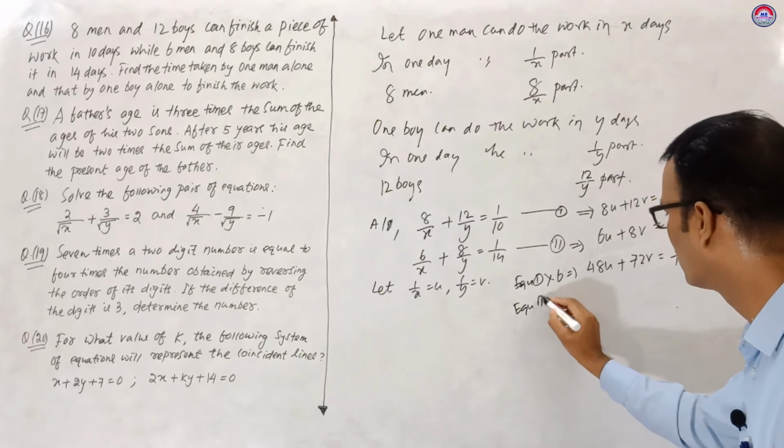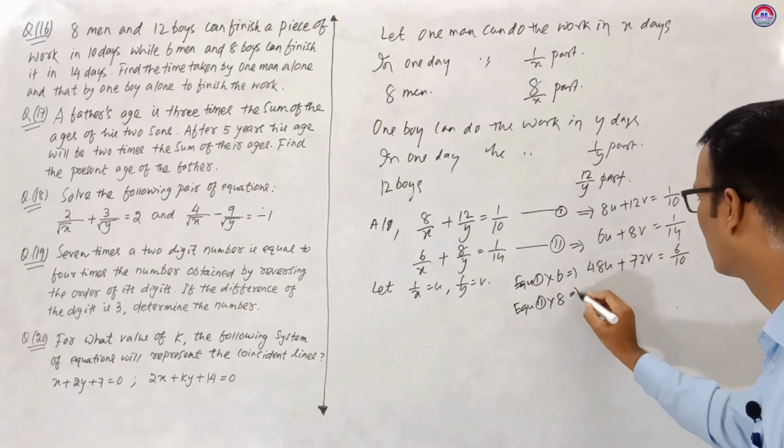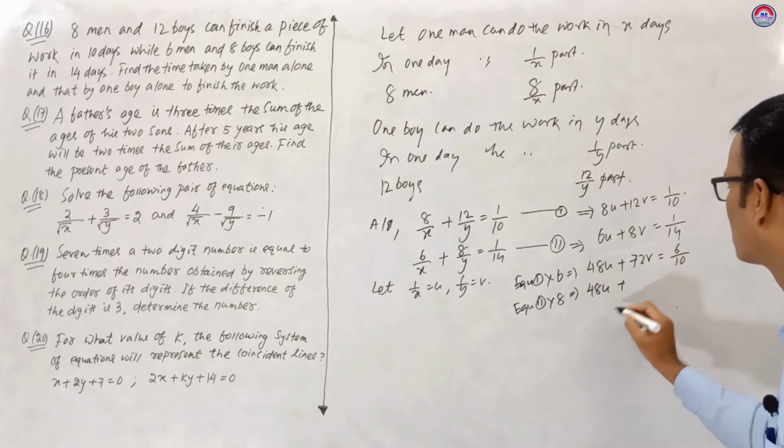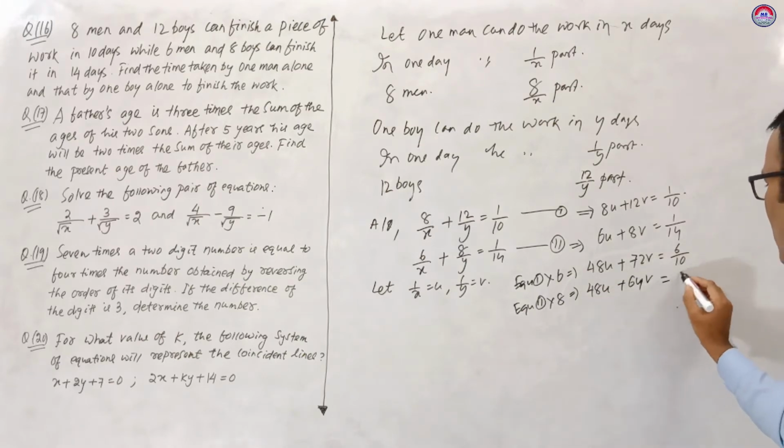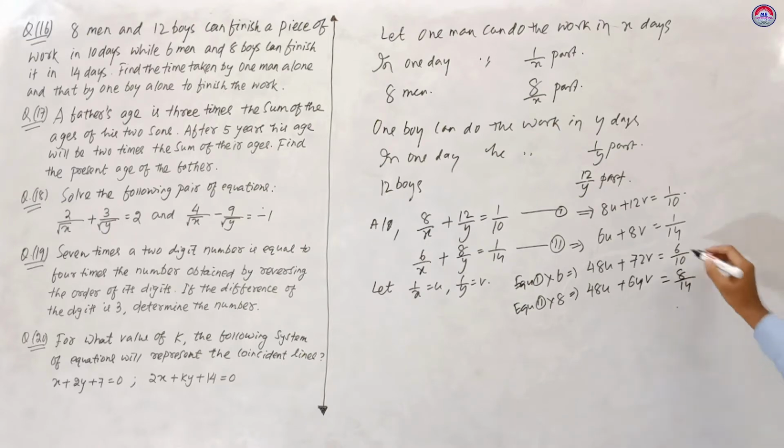Equation 2 into 8 gives 48U plus 64V equal to 8 by 14. You can simplify: 6 by 10 is 3 by 5, and 8 by 14 is 4 by 7.